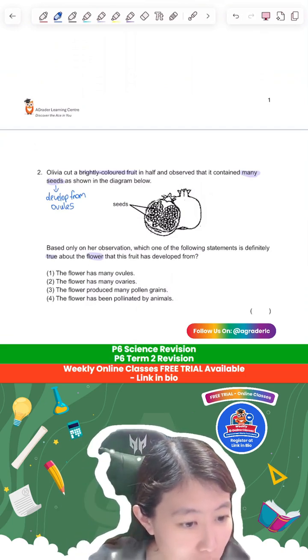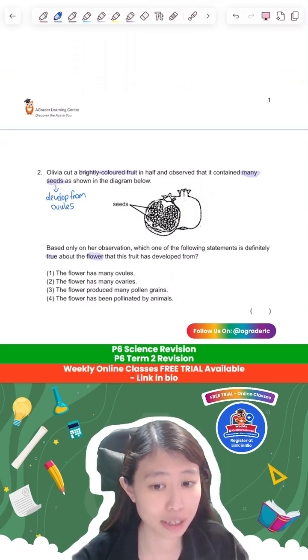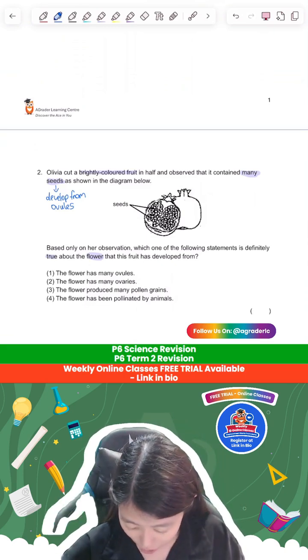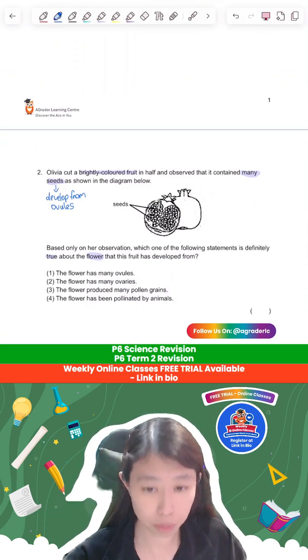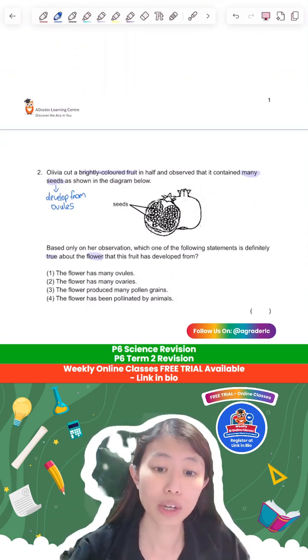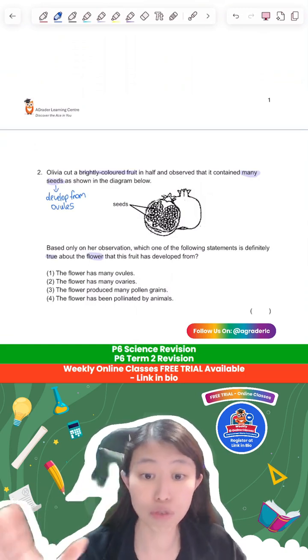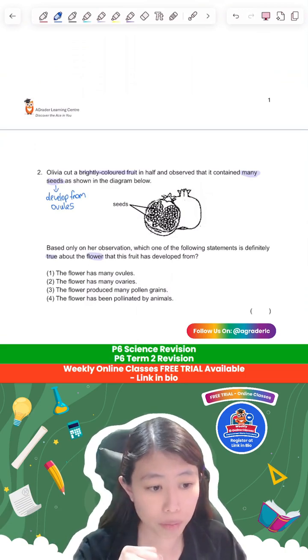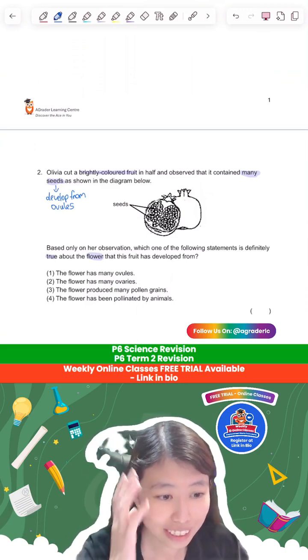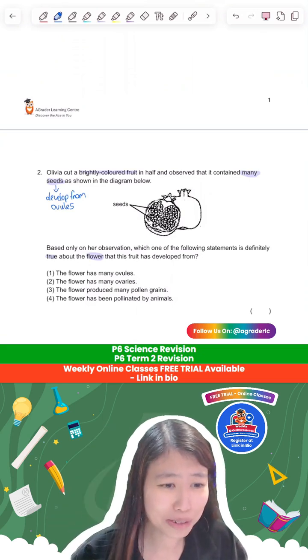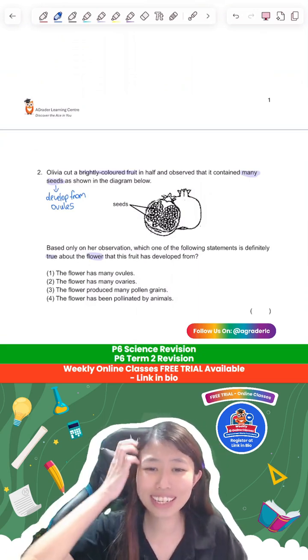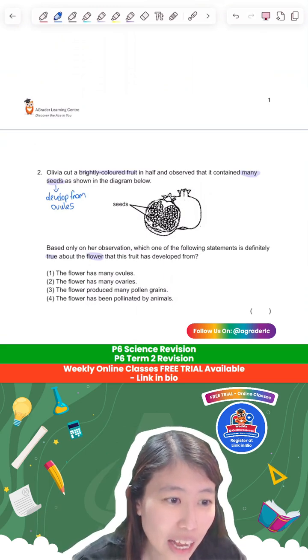P5 already learned reproduction by right. According to the new textbook, P5 now have a new textbook, they are supposed to learn reproduction first, the first topic. You don't like secondary school? Oh, why? Okay, everybody.